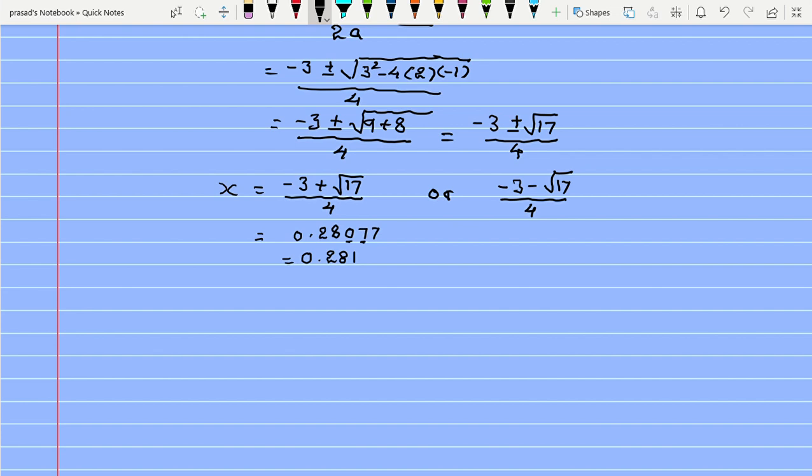Okay, and what will be the second root? Negative 3 minus root 17 divided by 4.